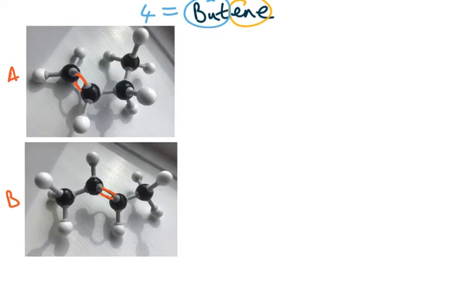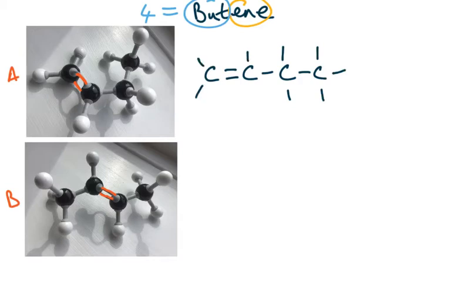So if we start off with isomer A, I'm drawing my carbon chain to begin with, always the best place to start, and then I'm drawing my hydrogens around. So I'm just going to add on to the end of each of my bonds here my little hydrogen atoms. So that's the first possibility for drawing butene.